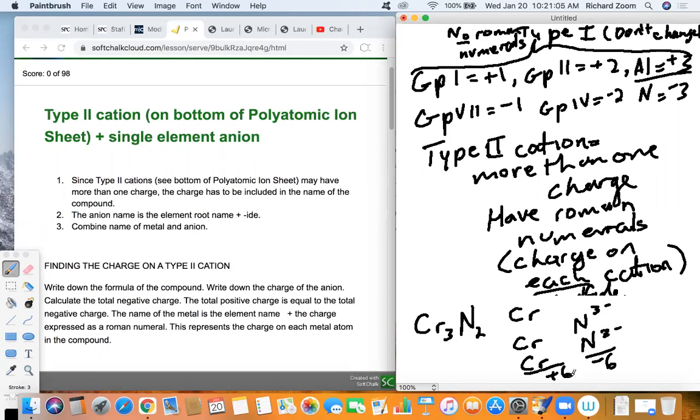Then I have to split up the charge between the 3 chromiums. So that's 2+, 2+, and 2+. So the name of this becomes chromium, not 6, but chromium 2 nitride. Does anybody have any questions?